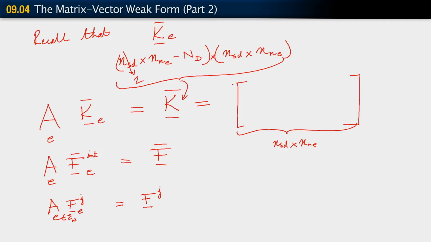Whereas these are number of spatial dimensions times NNE minus ND, right, as we observed above. Okay, now some of these degrees of freedom that are in the D bar vector are known, right? Okay, we'd observed that fact before. Maybe some of these degrees of freedom are known, right?